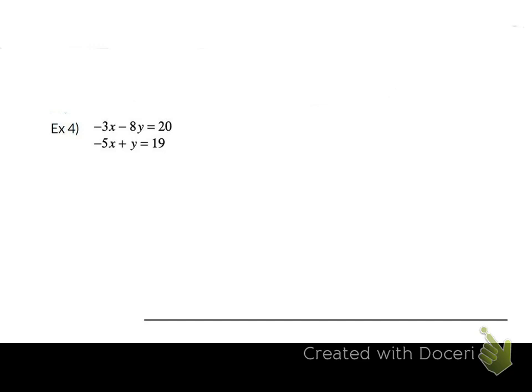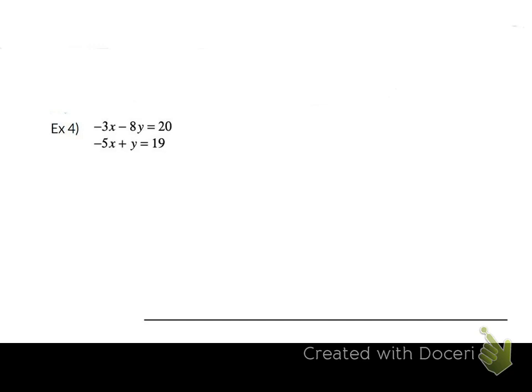Thumbs up, we should be trying to get a variable alone in the top equation. Thumbs down, we should try to get a variable alone in the bottom equation. Thumbs sideways, you've got no idea how to choose. I'm only seeing like 4 thumbs.